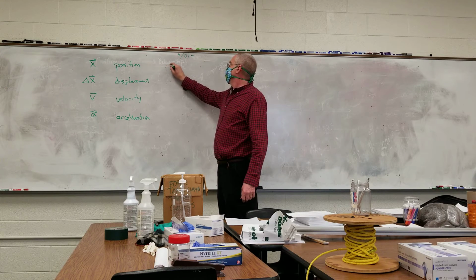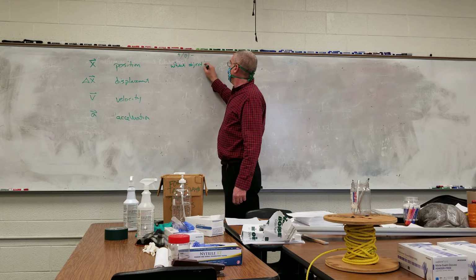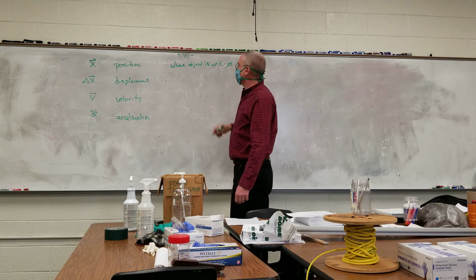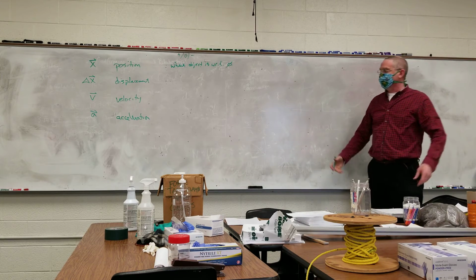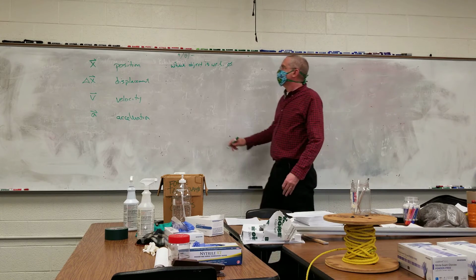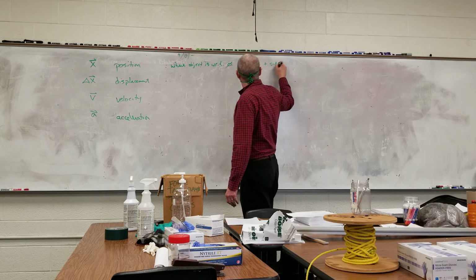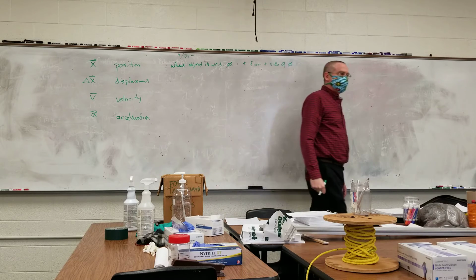Position is where an object is with respect to zero, or the origin. Generally it's called zero in one dimension, and in 2 dimensions, it's called the origin. So it's positive if on the plus side of 0 for one dimension.